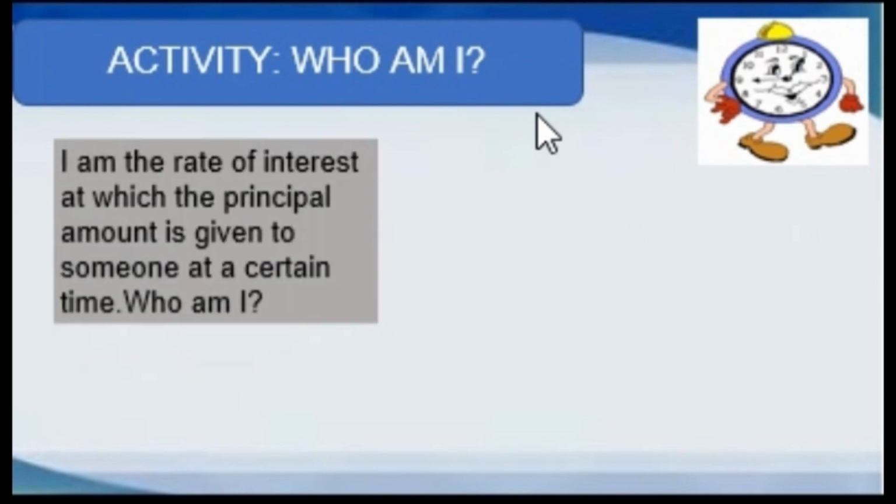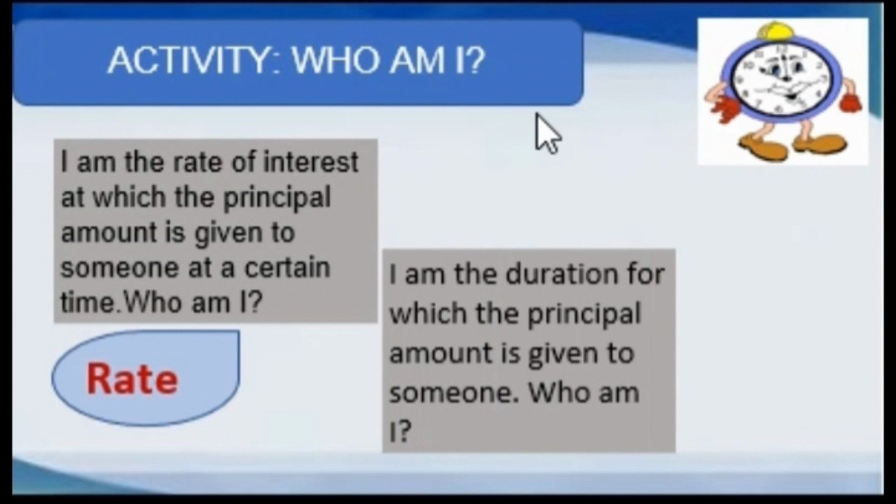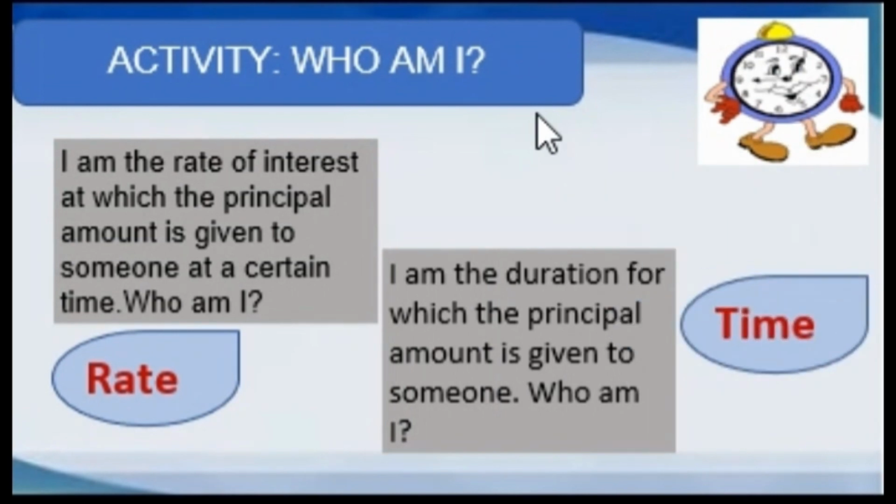I am the rate of interest at which the principal amount is given to someone at a certain time. Who am I? 1, 2, 3, 4, 5. So the answer is rate. Very good. Next, I am the duration for which the principal amount is given to someone. Who am I? Okay, the answer is time.